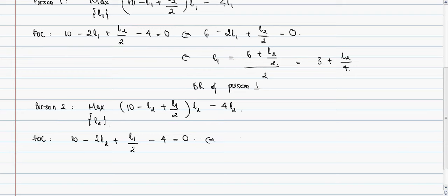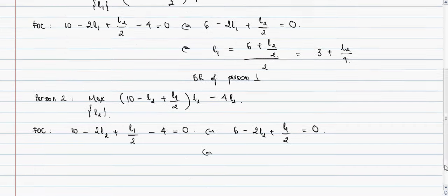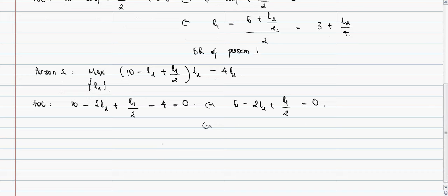So again, I will have 6 minus 2L2 plus L1/2 equal to 0. Now again, the thing I want to find is L2, so I would like to express L2 as the subject. So L2 will be similar to L1, equal to 3 plus L1/4.